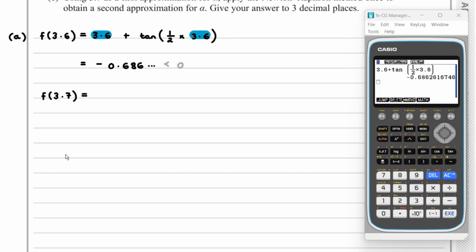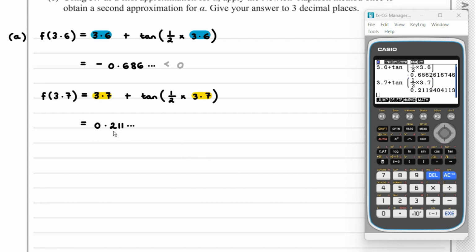Let's now find f of 3.7. f of 3.7 is equal to 3.7 plus the tan of 1/2 times 3.7. So we have 3.7 plus the tan of 1/2 times 3.7, that's equal to 0.211, etc. And this is greater than 0.